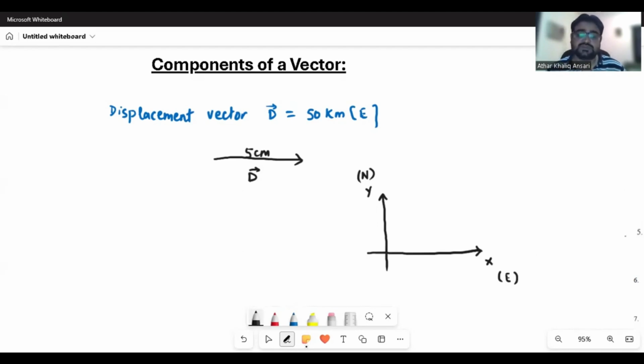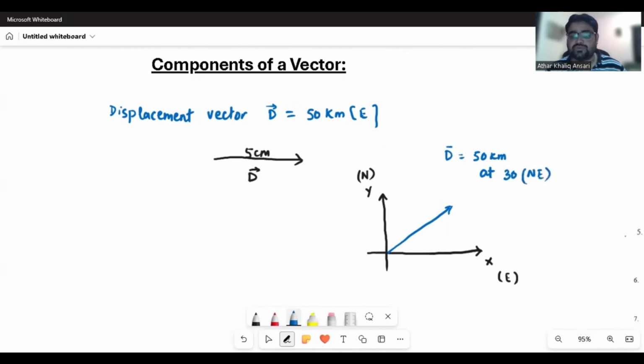For example, if there is a displacement vector, the same one, and it is rather than going east, the displacement vector d is, for example, 50 kilometer at some angle, let's say 30-degree north of east.